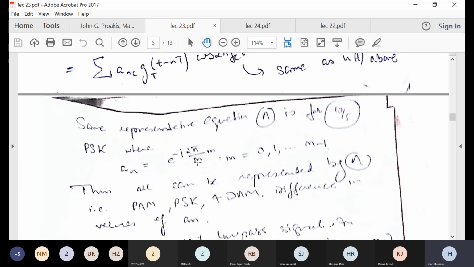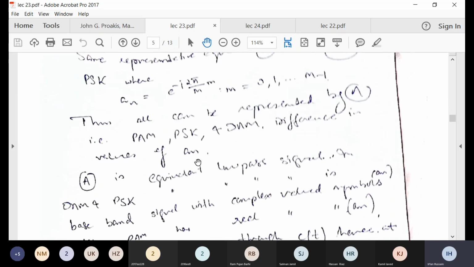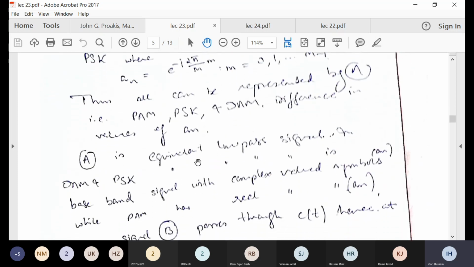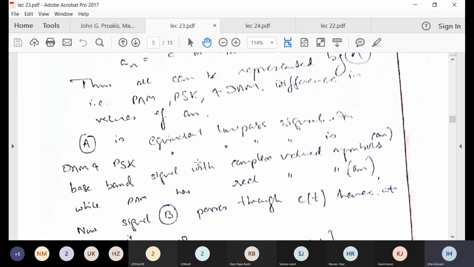That is why it was coming out to be 45. So representations are basically the same, only the values change. And we have to remember that for PSK and QAM the signal values are complex, but for PAM the scaling values A_n are real.